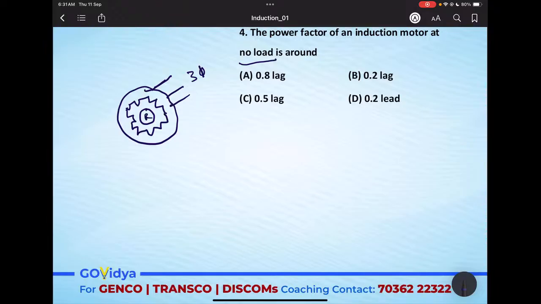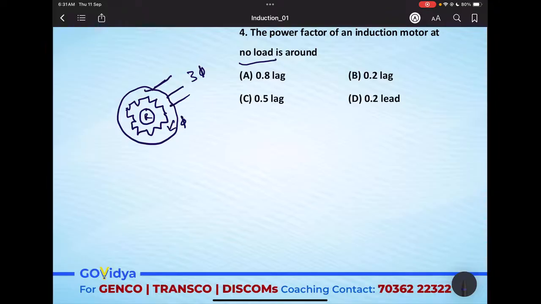If you give the 3-phase supply, then rotating magnetic flux phi will generate and it will induce the EMF in rotor, thereby one rotor flux will create, and with this rotor flux and stator flux, one mechanism will develop, thereby motor will start rotating.